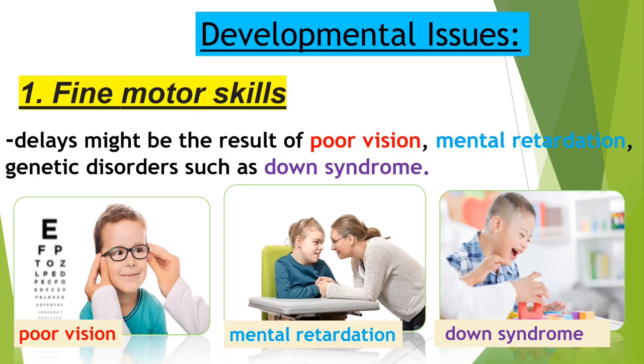Down syndrome affects the person's ability to think, reason, understand, and be social. That's how Down syndrome delays the development of fine motor skills. So again, the three things that could delay fine motor skills development are poor vision, mental retardation, and Down syndrome.